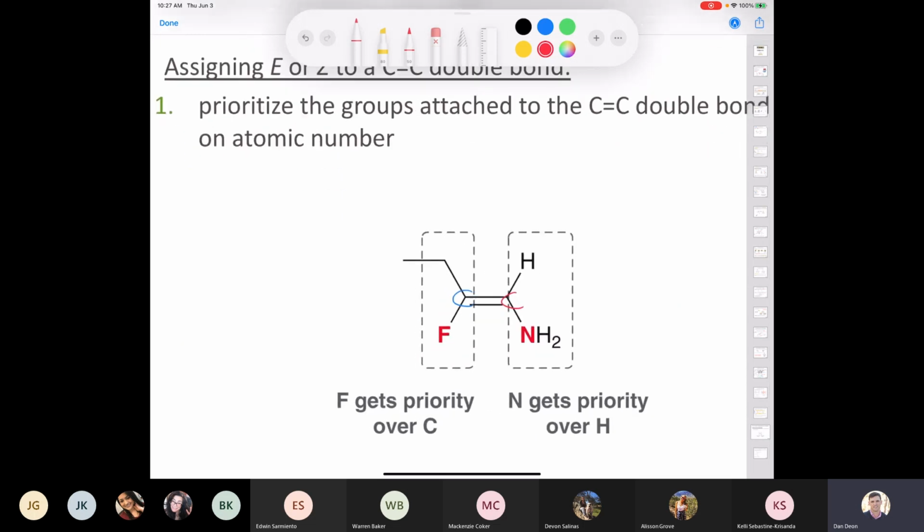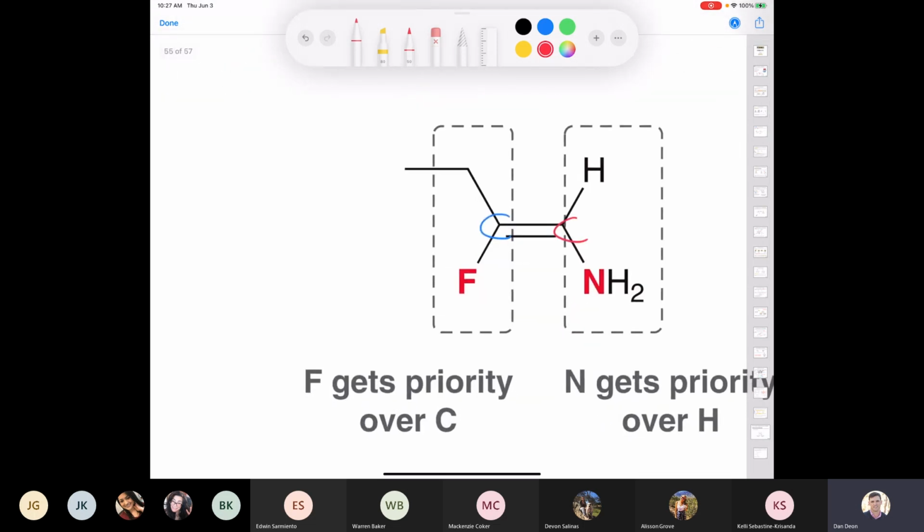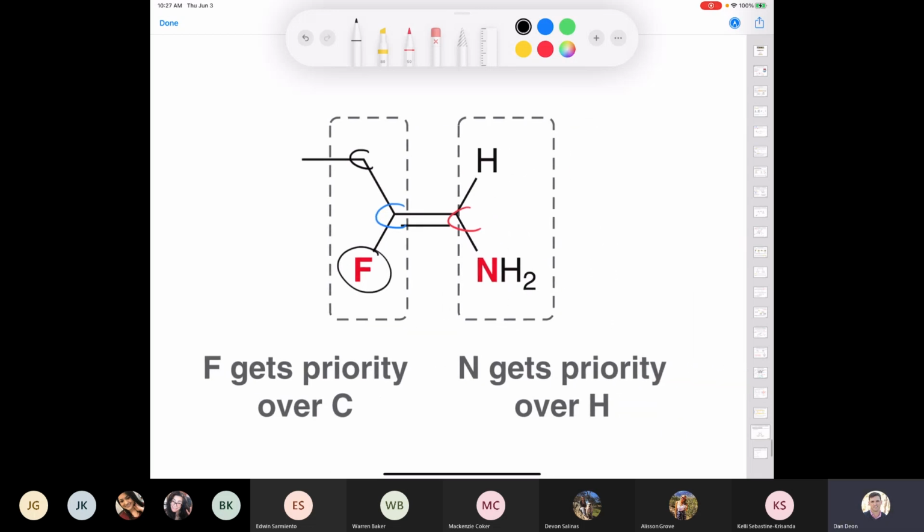So if we just look at the carbon in blue, it's got what? It's got a carbon attached to it and a fluorine. What's got a higher atomic number? Well, fluorine is element number 9 and carbon is element number 6. Therefore, the fluorine takes priority. I go over to the red carbon. What are the atoms attached there? I've got a hydrogen and a nitrogen. Well, nitrogen is element number 7.